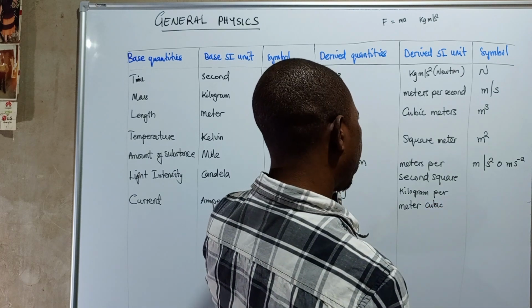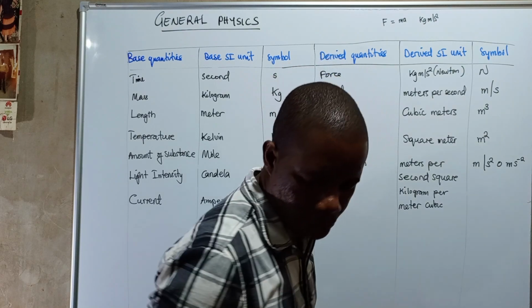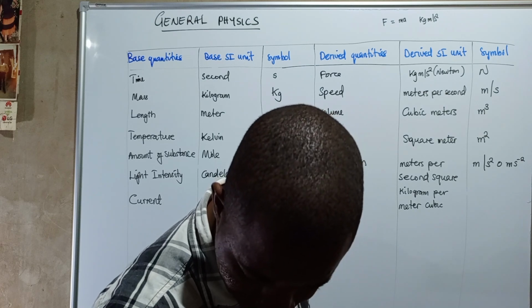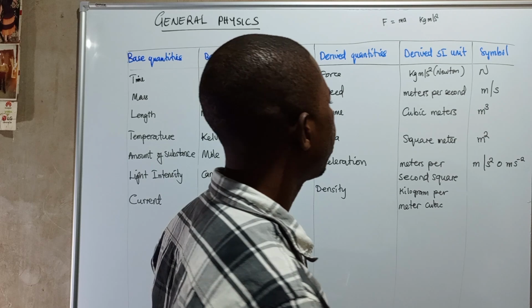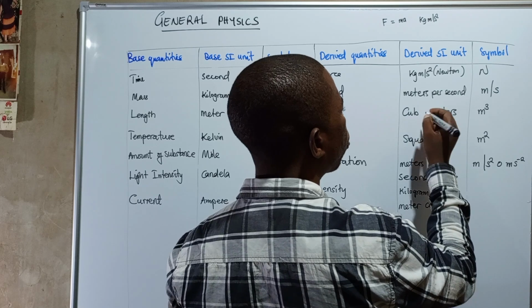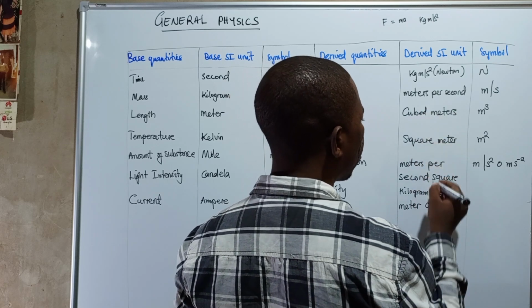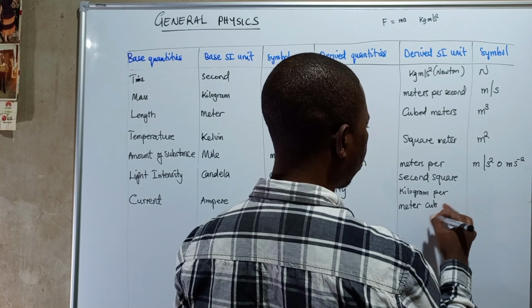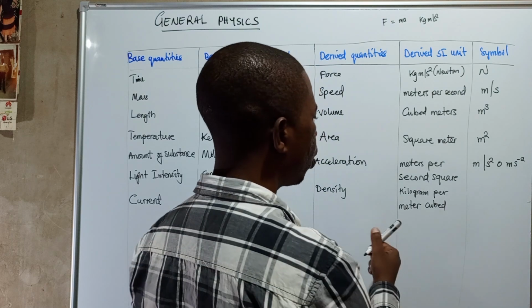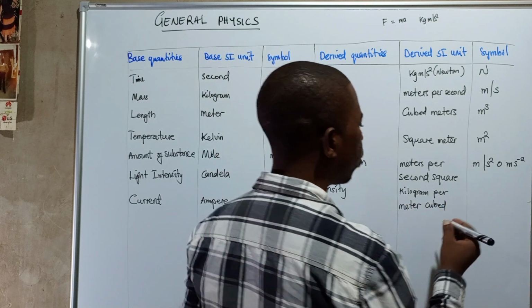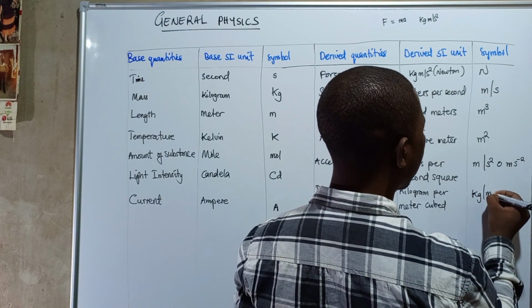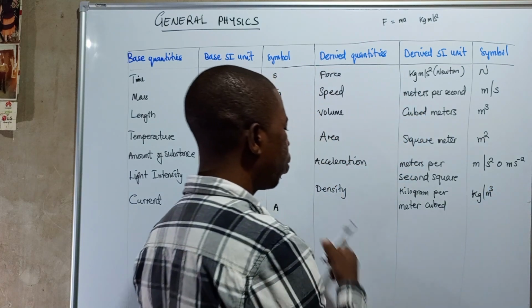This one should have been cubed rather than cubic. So this is kilogram per meter cubed, which is the SI unit for density.